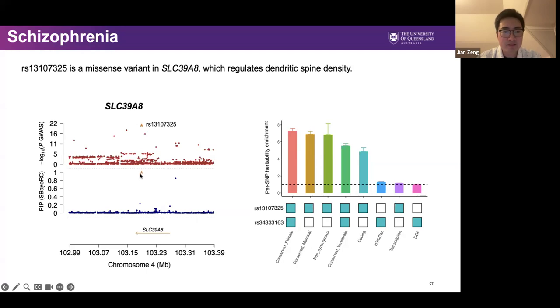And interestingly, you can see that this likely causal variant has multiple important annotations, such as conservation across primates and mammals, and it's also a non-synonymous variant. And we also identified a secondary signal, where these variants also tend to have important annotations as conserved variants.